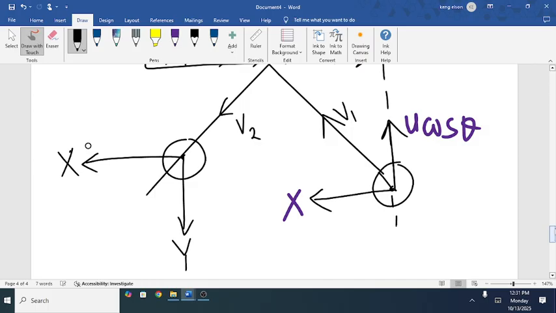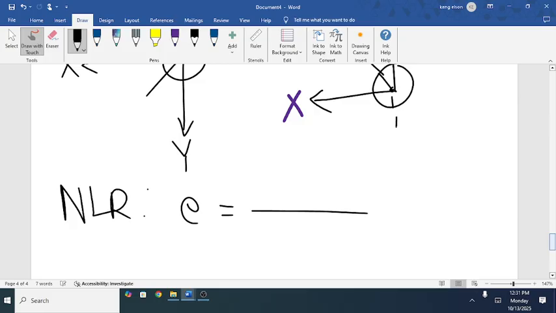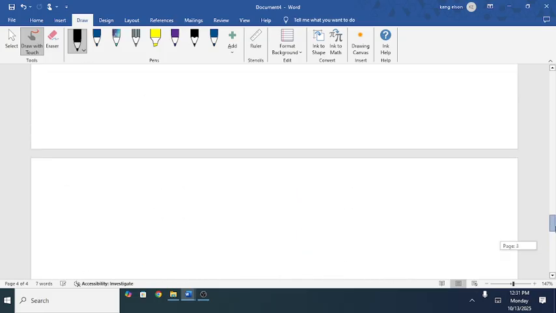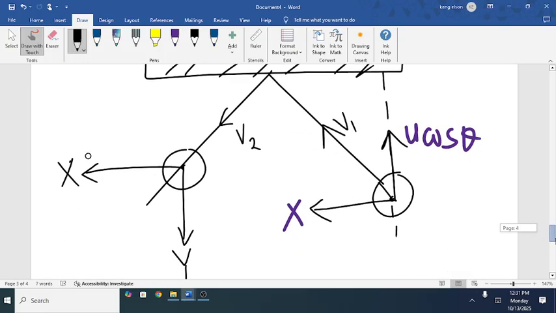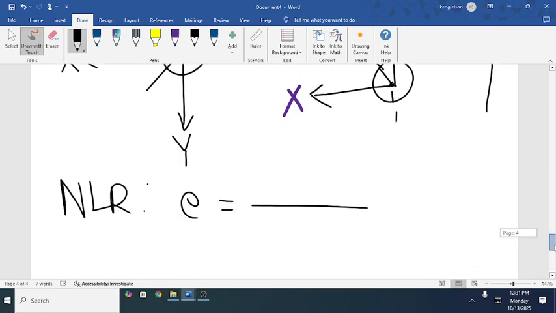Now we also need to apply Newton's law of restitution. So Newton's law of restitution says that E is equal to velocity of separation along the line of centers. Our line of centers is vertical, so the velocity of separation along the line will take the final minus the initial. So if I take v wall, what is v wall?